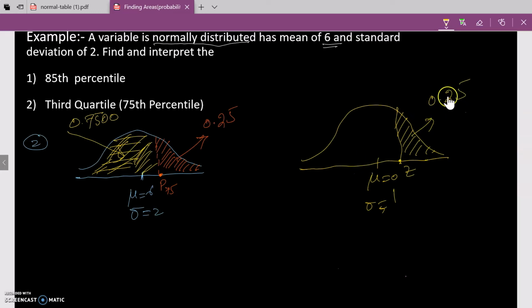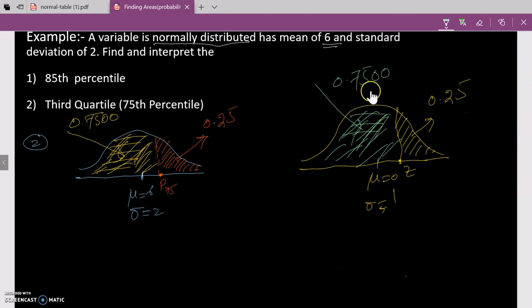Now recall, if this area on the right side is 0.25, then the green area on the left side will be 0.75, as I have shown in the previous diagram. This area will be 0.7500.